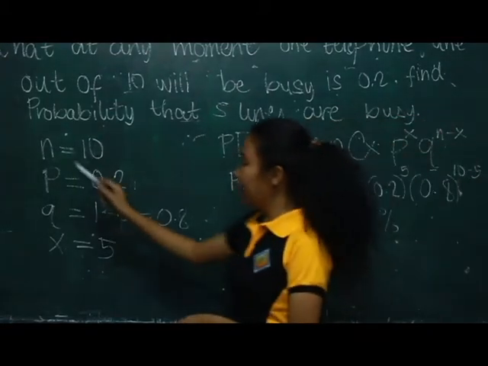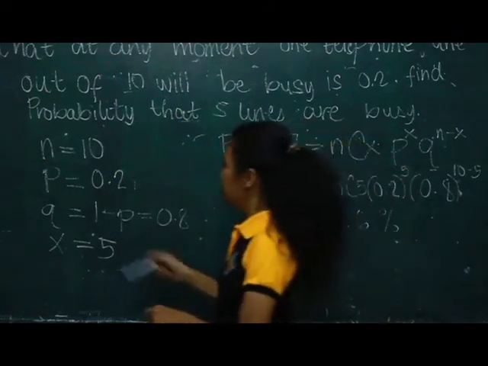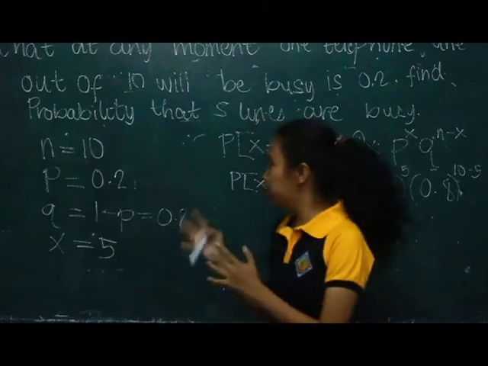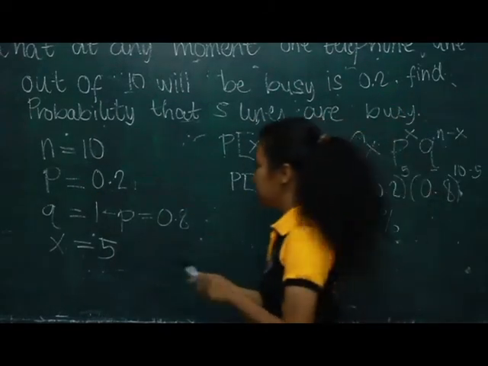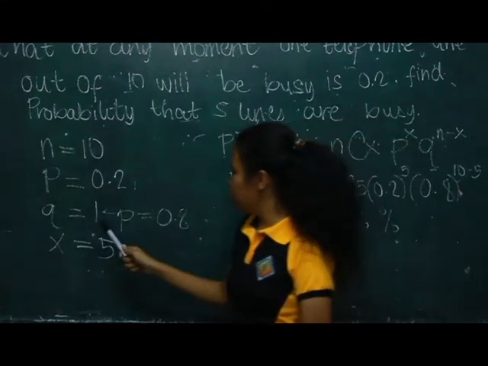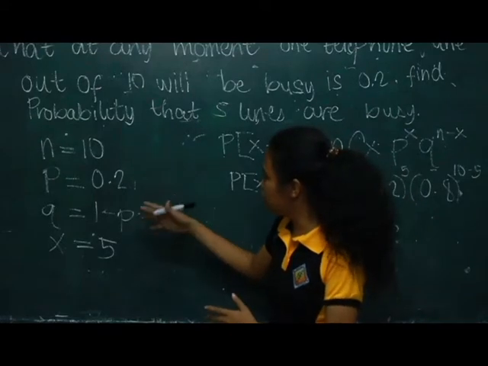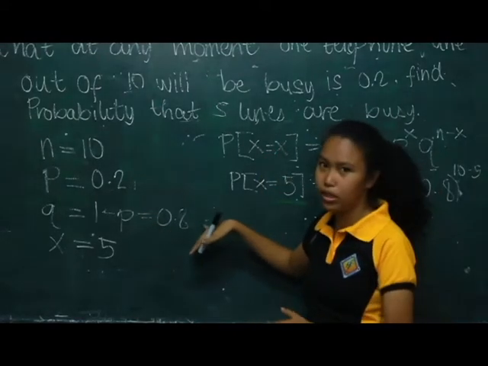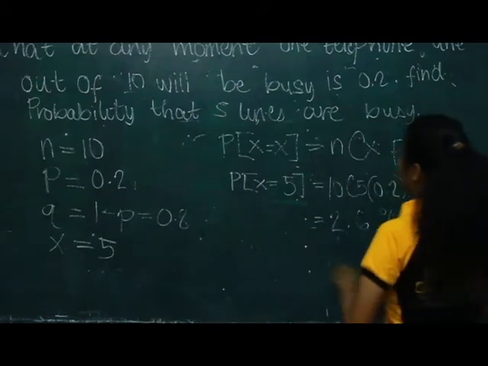So given n, the finite value, is equal to 10, the probability of success, p, is equal to 0.2, and q, the probability of failure, which is 1 minus p, is equal to 0.8, and x is equal to 5.